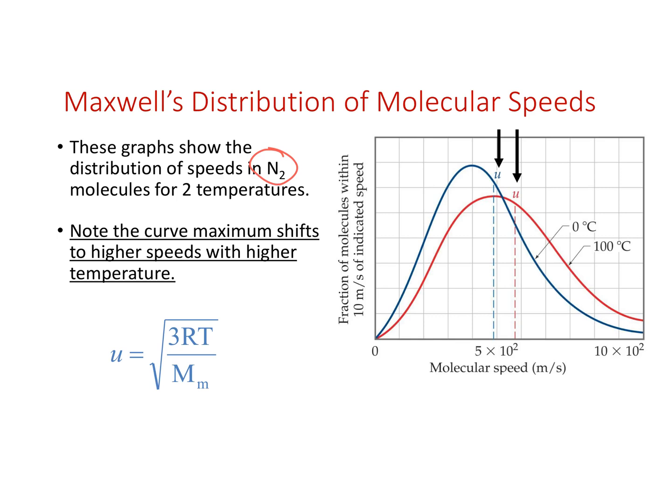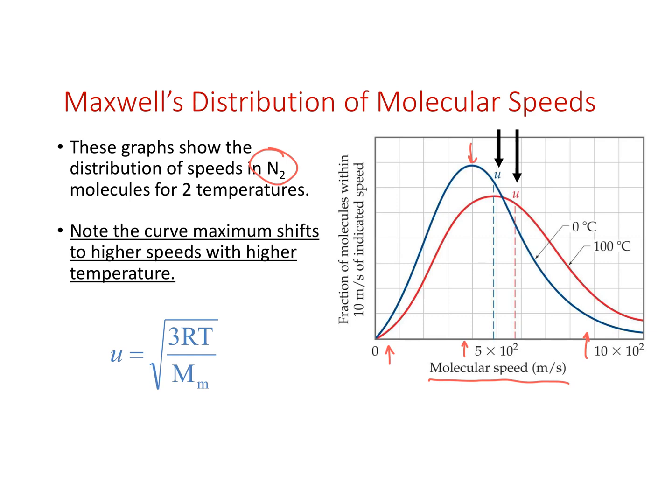Taking a look at the distribution of molecular speeds in the sample at 0 degrees Celsius, you see that I have a certain amount of the sample with low molecular speed, a decent amount of the sample with a higher molecular speed, and even a very small amount of the sample with a very high molecular speed.